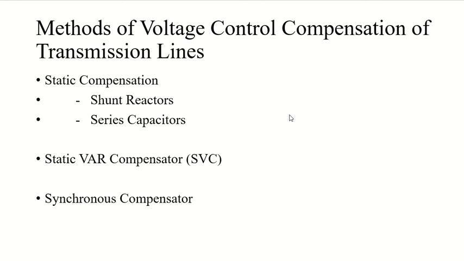So based on the substation's rating, you will use a small kVAr or a high kVAr shunt capacitor. And where will you connect these capacitors? Let's call it a capacitor bank.